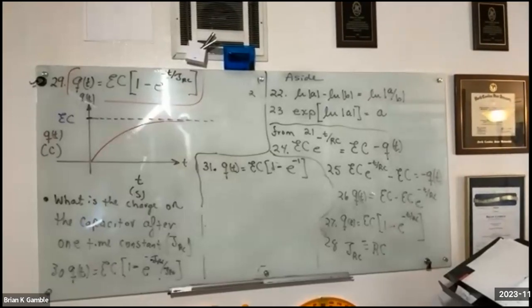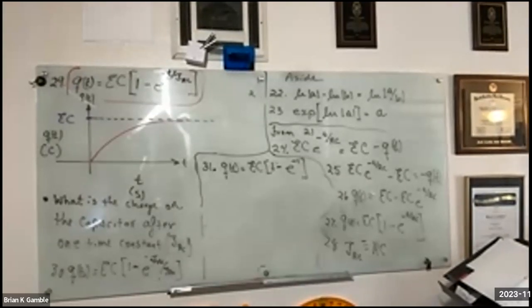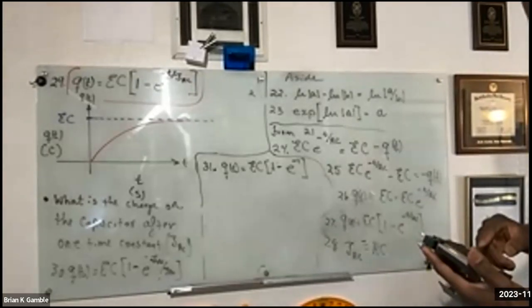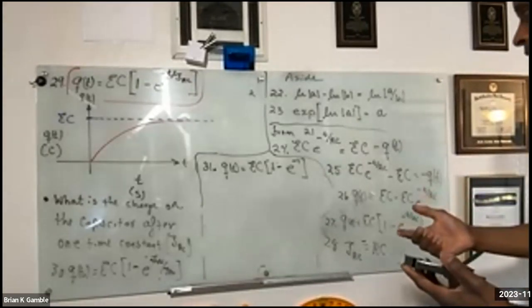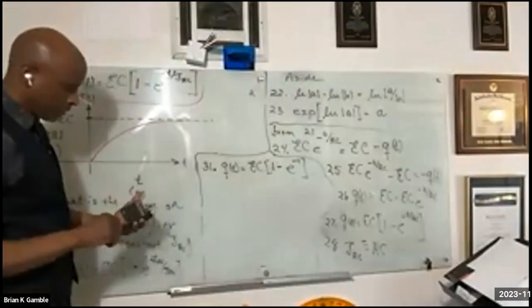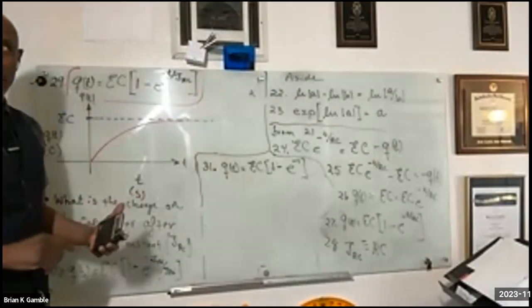So basically it's EC times 1 minus 1 over e.